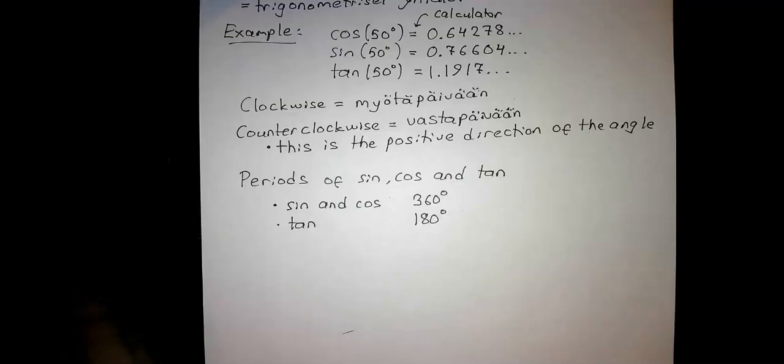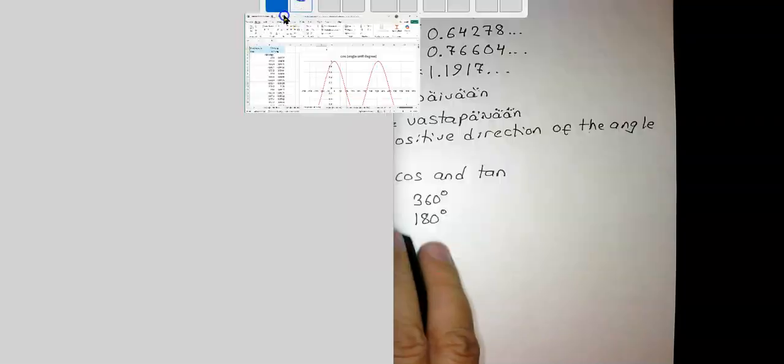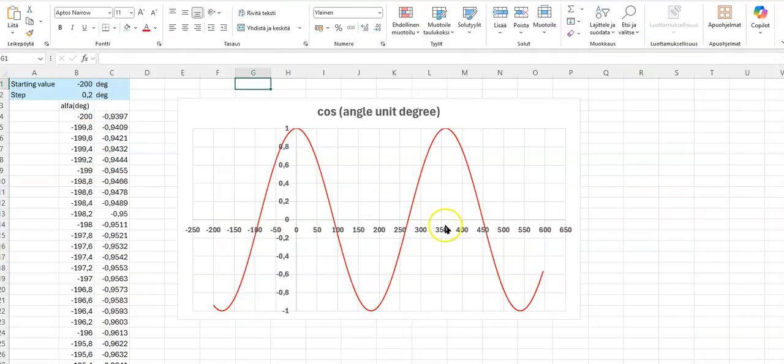And now I try to get the picture again. Here you can see that the cosine gets the value of 1, and here again it gets the value of 1, and you can approximate that it happens where the angle is 360 degrees.